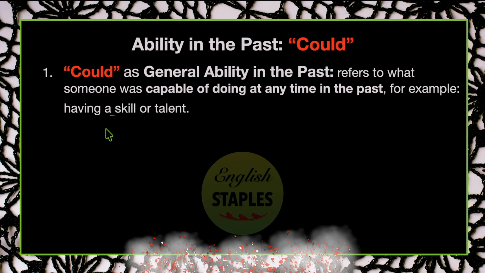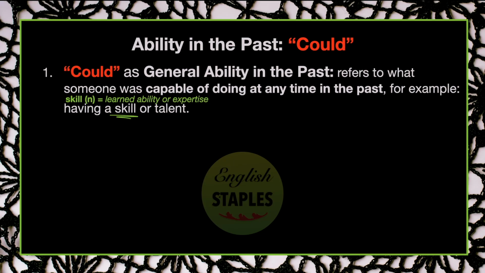What do we mean when we say skill? The word skill is a noun. It means learned ability or expertise. And the word talent is also a noun, and it means natural or inborn abilities like see, hear, taste, feel, smell, or senses. Those are inborn abilities.